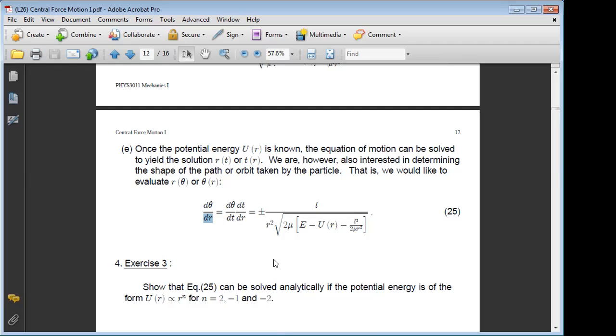So let us have a test on integrations. I give you 10 minutes to work on it. According to the statement, the integral can be evaluated analytically if n equals 2, minus 1, and minus 2.